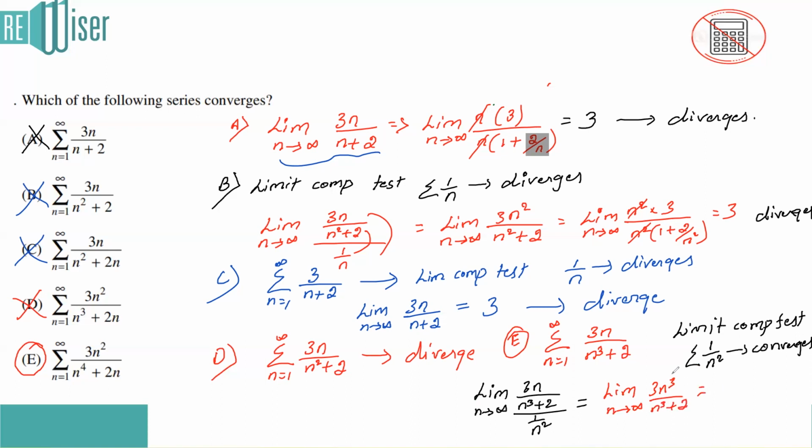Solving similarly to the previous step, by taking n cubed common out and simplifying, we just get 3. Whenever we get a finite number, both would converge or both would diverge. The thing we are comparing it with converges, so this one will also converge. And this is the right answer for this sum.